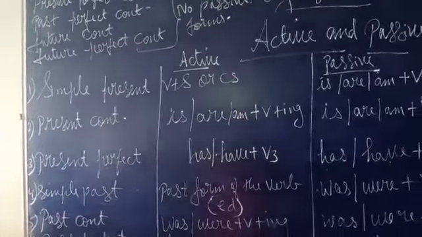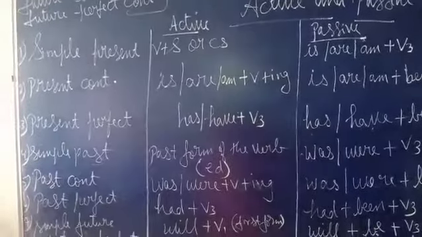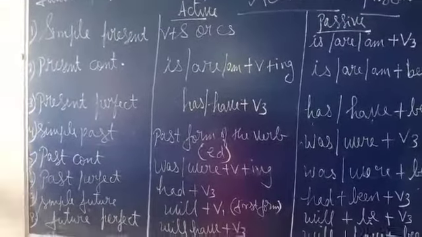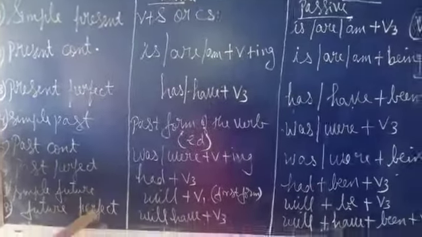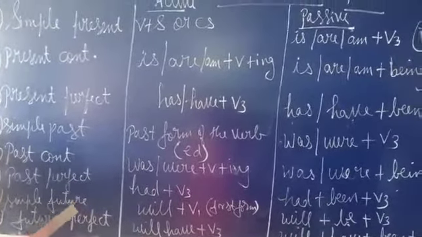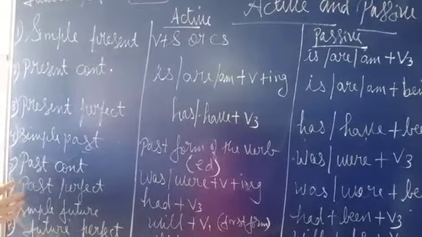And children, to find out or to write into passive, verbs are more important. Both the auxiliary verb and the main verb. These two you should know compulsorily, the auxiliaries and the main verbs. Okay children?